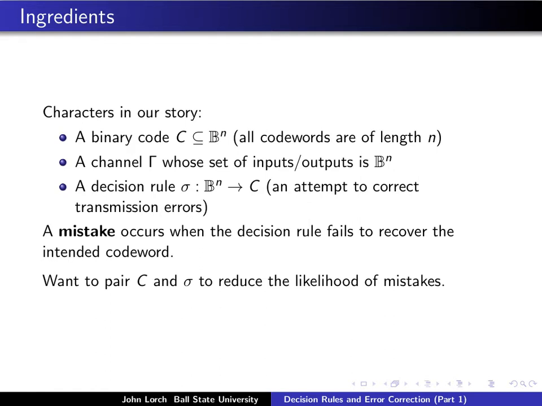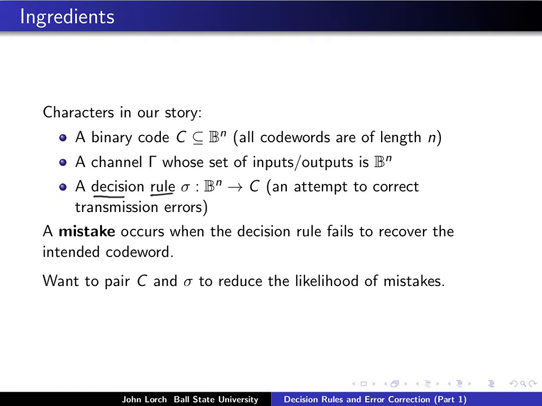And then finally, we have this idea of a decision rule. So a receiver will receive a string of length n from the channel and will then have to decide which code word to associate to that string. And the method that the receiver uses to associate code words to received strings is what's called a decision rule.